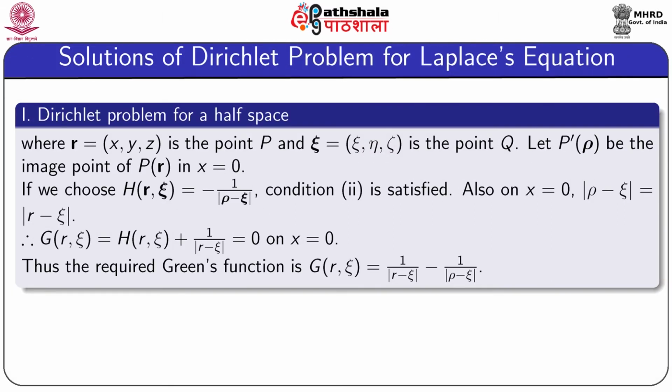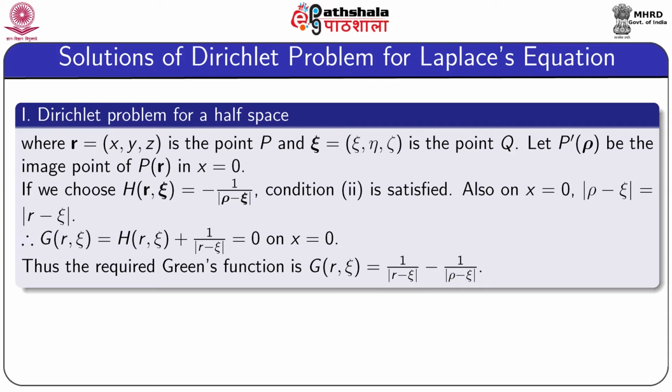Now, let us consider r a fixed point in the xy plane, denoted by the point P, and xi a variable point in the space, with components xi, eta, zeta, which is the point Q. Now, we want to find the expression for Green's function using the method of images.